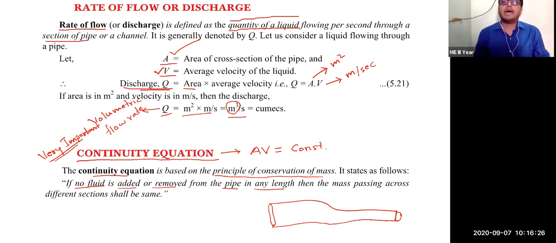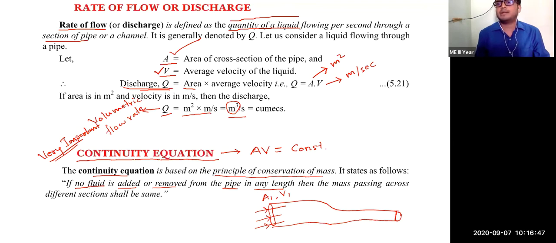Now, as per this definition of continuity equation, suppose the cross section at this location is A1. The fluid is flowing inside this pipeline. This is your inlet location. The fluid is flowing through it with a velocity V1.